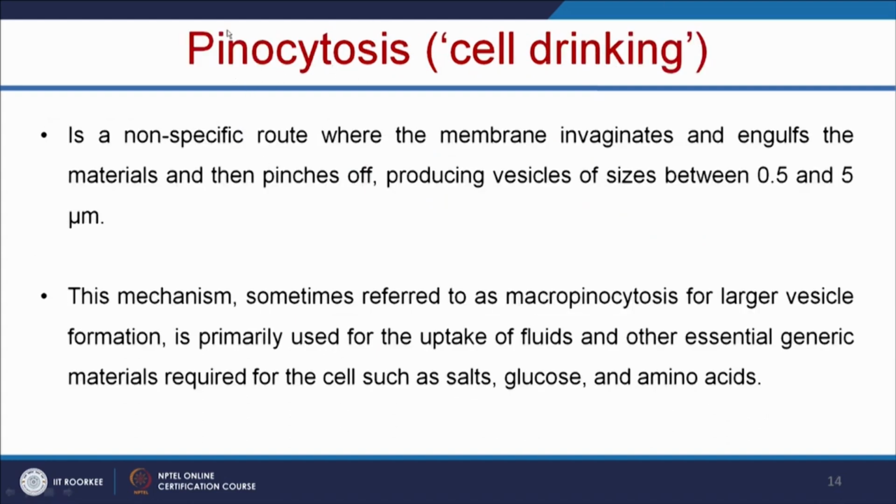So let us see the next mechanism, that is called pinocytosis. It is called cell drinking. It is a non-specific route where the membrane invaginates and engulfs the materials and then pinches off, producing vesicles of sizes between 0.5 and 5 micrometer. This mechanism is sometimes referred to as macropinocytosis for larger vesicle formation, and it is primarily used for the uptake of fluids and other essential materials required for the cells such as salts, glucose and amino acids.